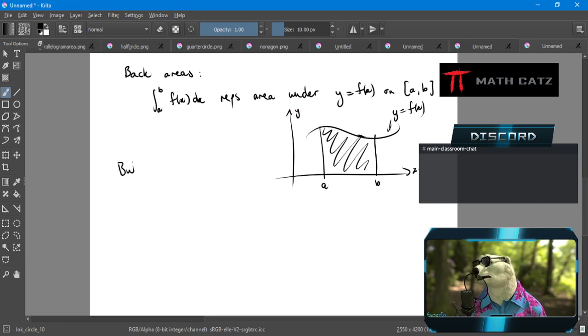But let's look at an example. What if I want to find the definite integral, let's say -1 to 1 of x cubed?